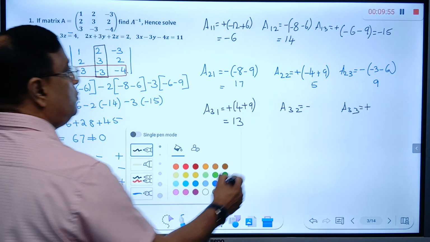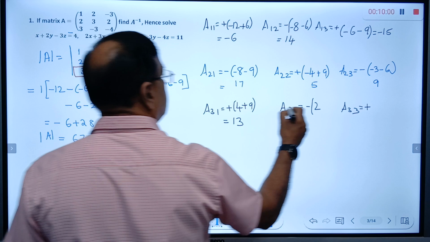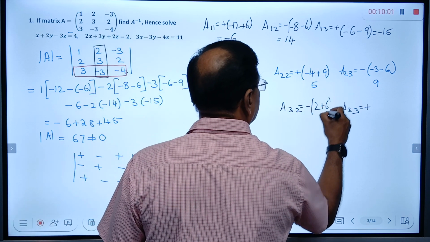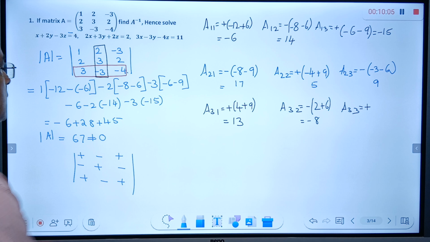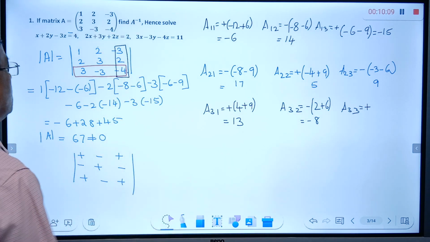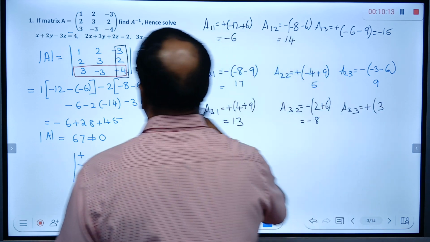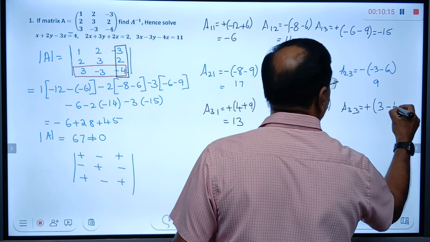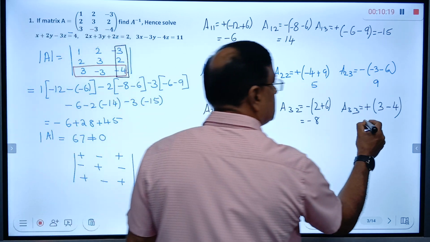This will be 2. Minus of minus 6, that is plus 6. So it is minus 8. Correct? Now go to the third column. So what you get, 1 into 3 is 3 minus 4. Finished? It's lengthy but not difficult.